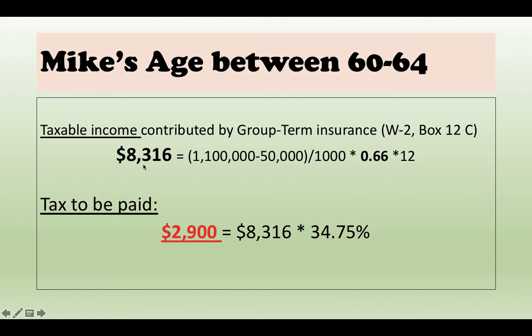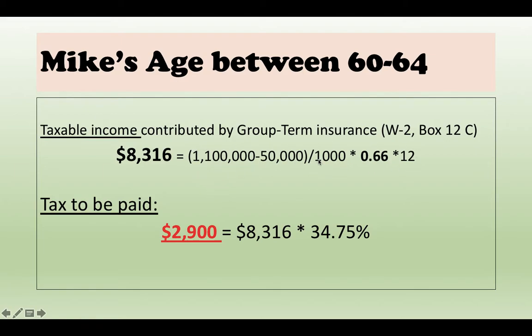This $8,316 should be on your W-2 form, in box 12C. So this number shows up on your W-2 form, so that you know this is the amount contributed by your group term insurance. Then all the numbers behind it show you how it is really calculated.